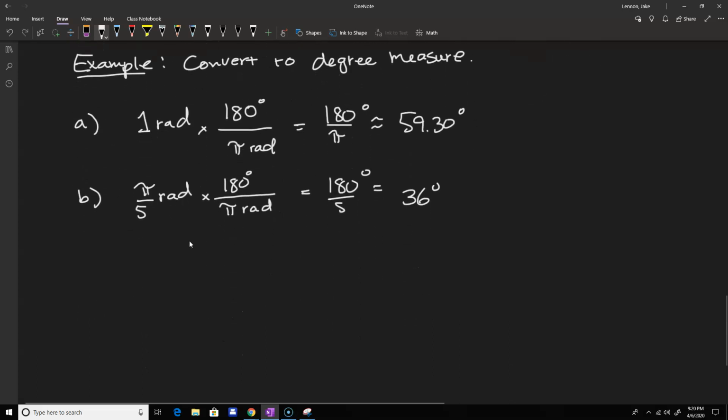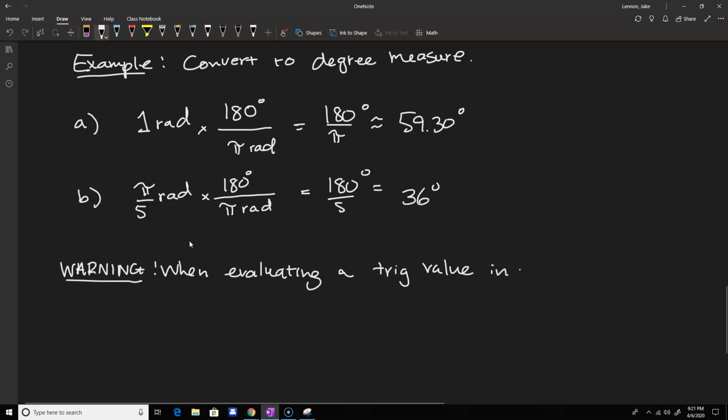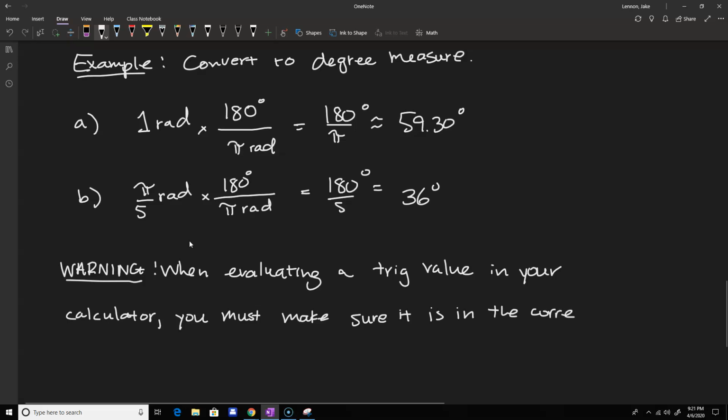And then the one kind of warning is when evaluating a trig value in your calculator, you must make sure it is in the correct mode.